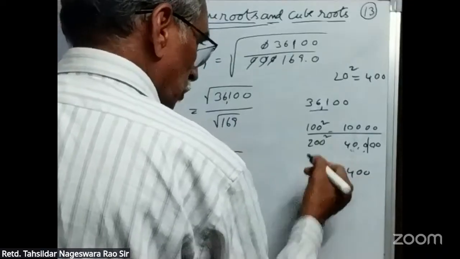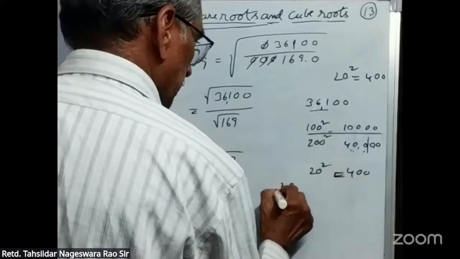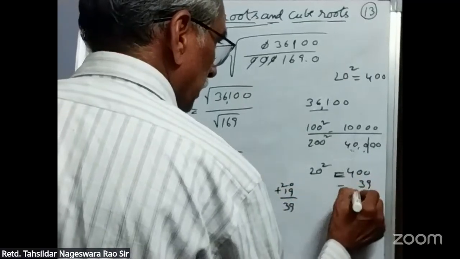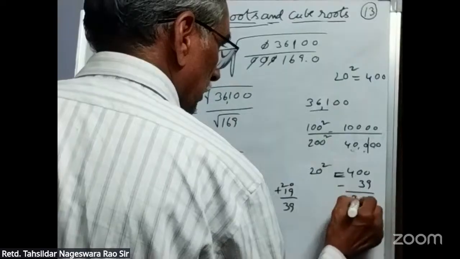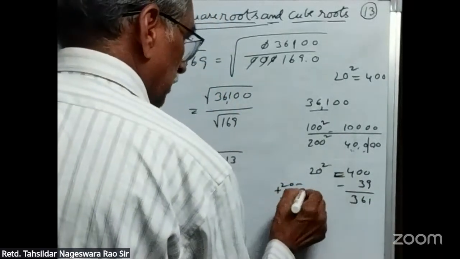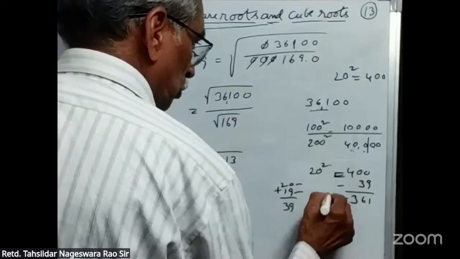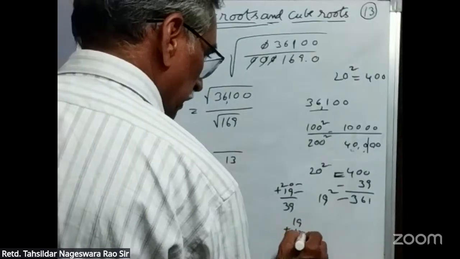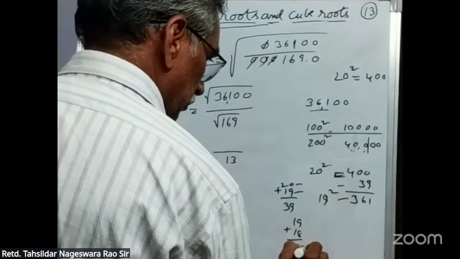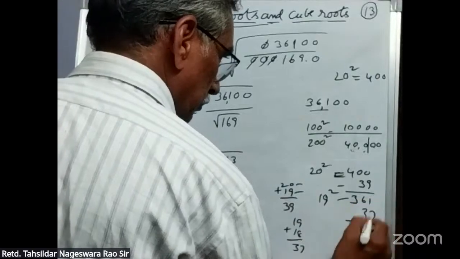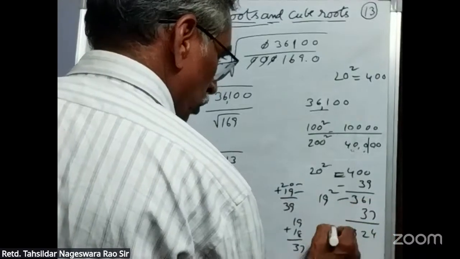Next, below 20. 20 plus 19, 39. Subtract 39, 361. Next, if you subtract 20 plus 19, the value is 19 square. Similarly, if you add 19 plus 18 and subtract it from this one, this will be 18 square.